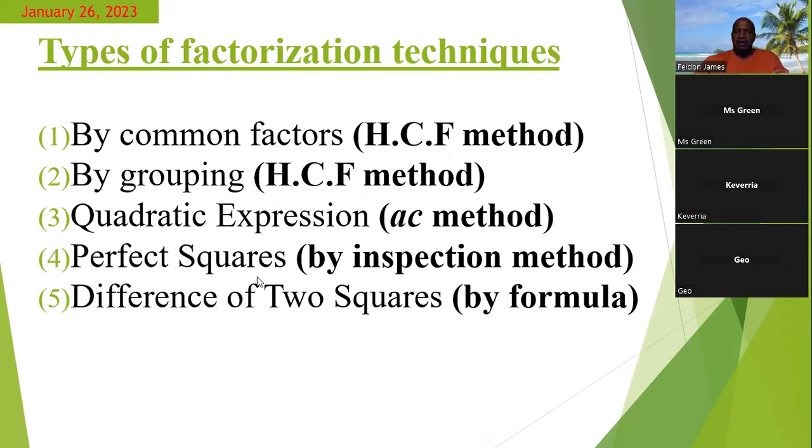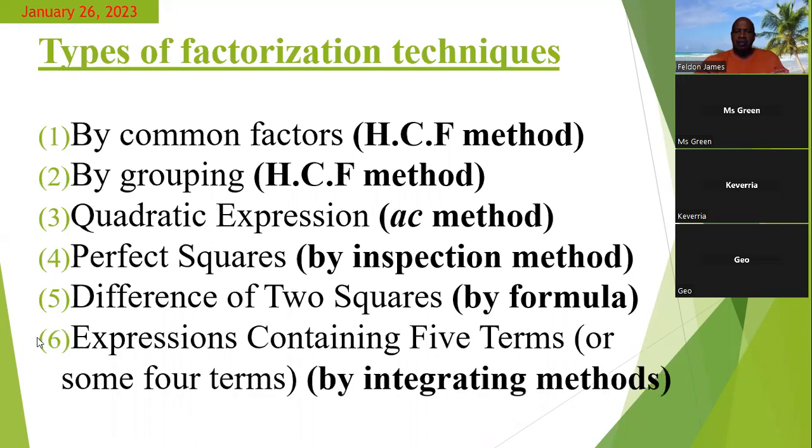We have another expression that we call difference of squares, or difference of 2 squares. This one has a particular technique which comes with a formula. So when we are factorizing this, we will apply that formula. Once we identify an expression as a difference of two squares, then we'll use that formula. Now we have some expressions consisting of 5 terms.